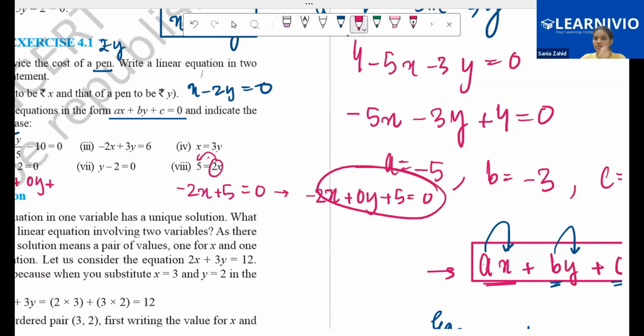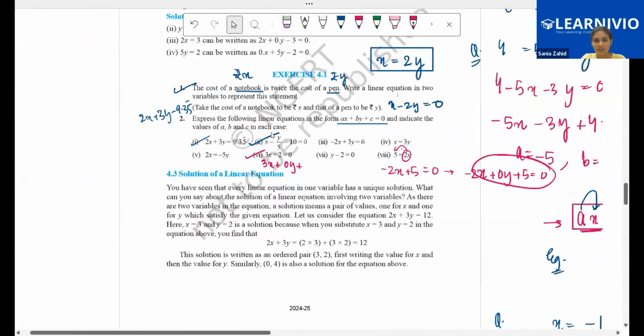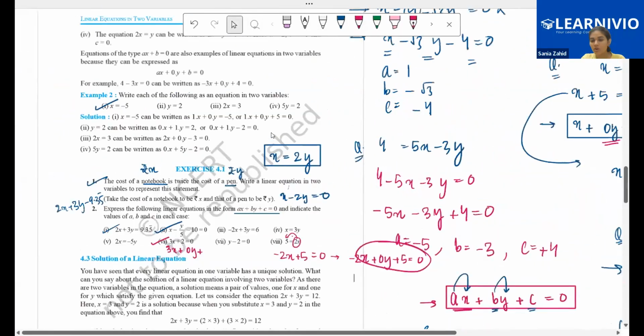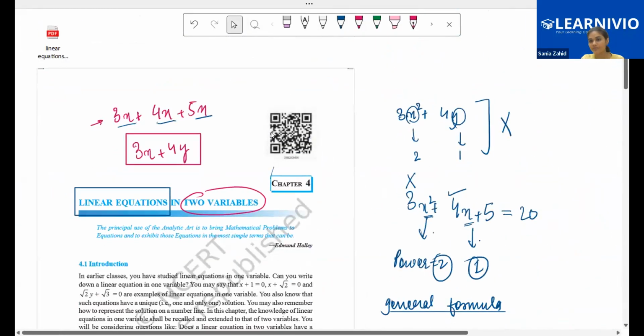So children, this is how we'll solve these questions. A is minus 2, B is 0, and C is 5. Right. So is this all clear to you in today's class, whatever we studied? Yes, ma'am.